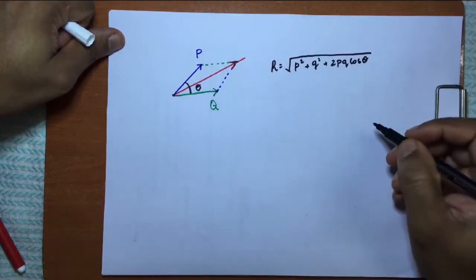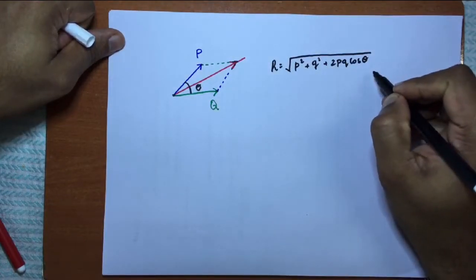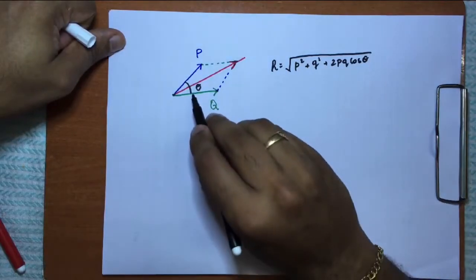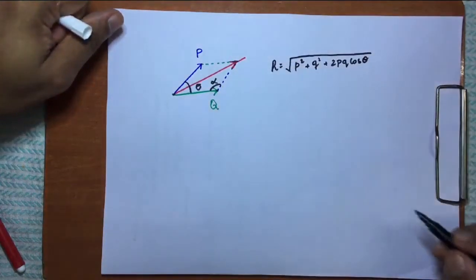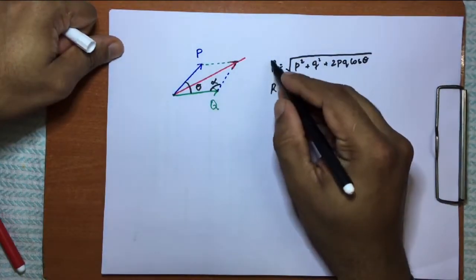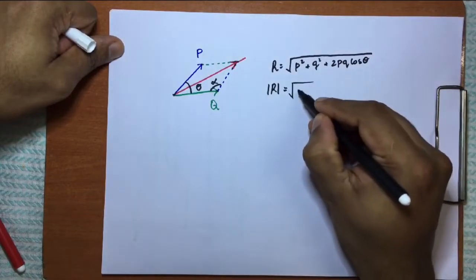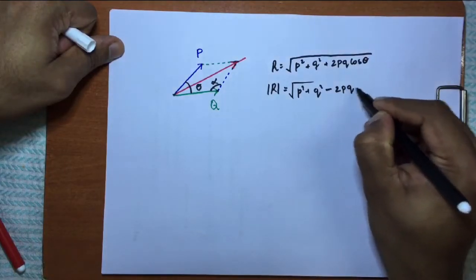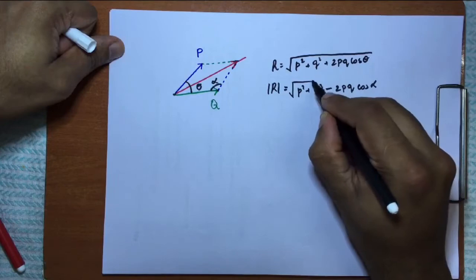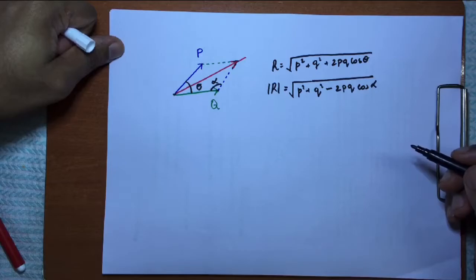You will see different forms of this again as P square plus Q square minus 2PQ cos theta, which is nothing different, only the thing is that the angle definition gets changed. If the angle, say alpha, is available to you, then the magnitude of the resultant R would be square root of P square plus Q square minus 2PQ cos alpha. This is how you are supposed to use your cosine law.